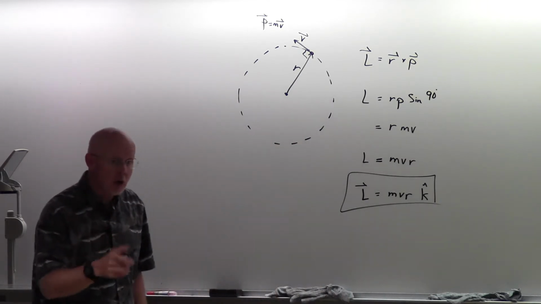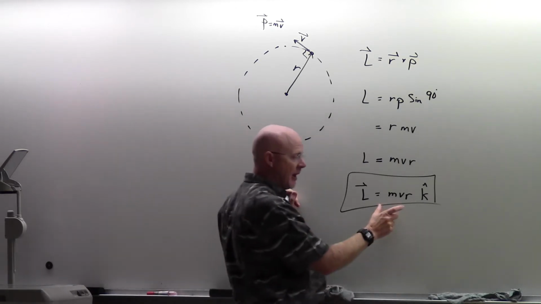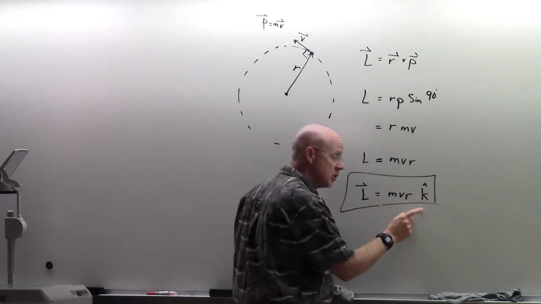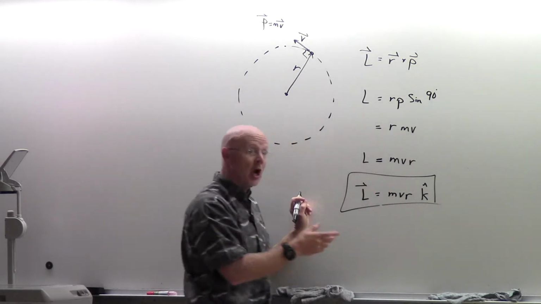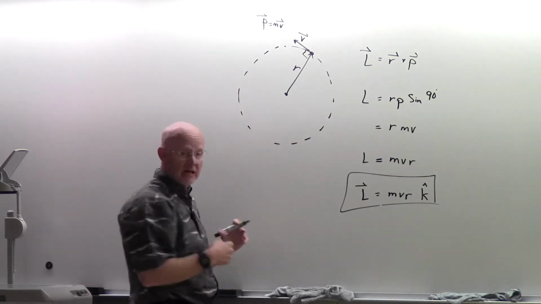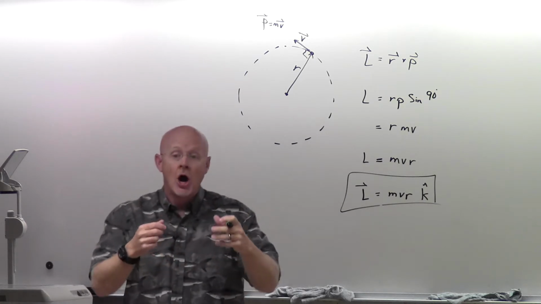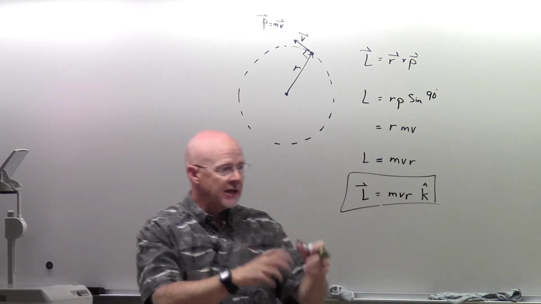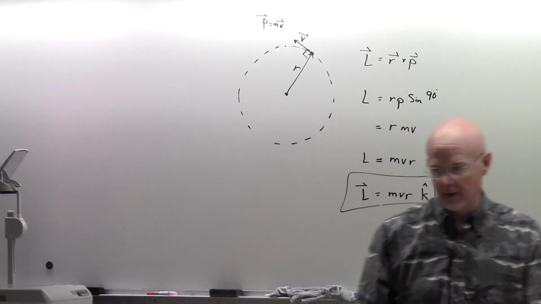We said that's a good thing too, because what that says is not only do I have its magnitude, I have its direction. And notice its direction is in the positive k direction, or the z direction, which is what we said is the same direction you would say its angular speed is. And so angular speed and angular momentum are in the same direction, just like linear speed and linear momentum are in the same direction.